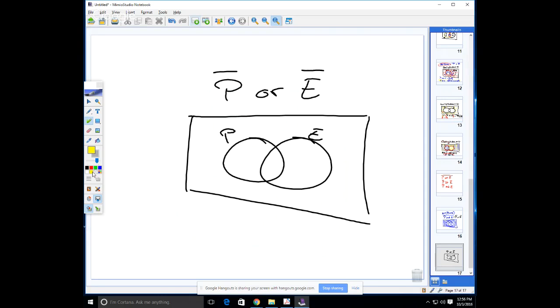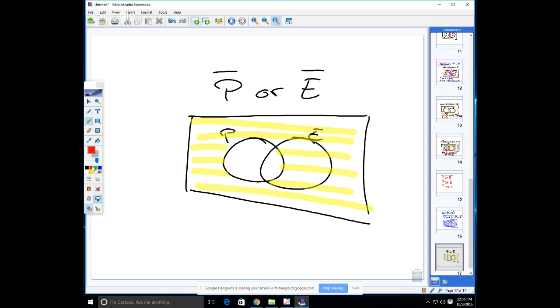So not P would be everything outside of P, right? And then in red, I'll do the not E. I'll do that vertically. So this is not E, not E, not E, not E. And then all of a sudden I have to start skipping E.